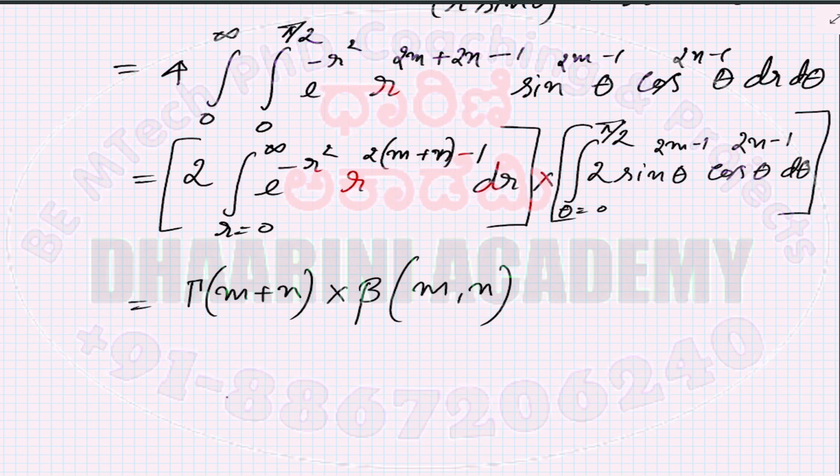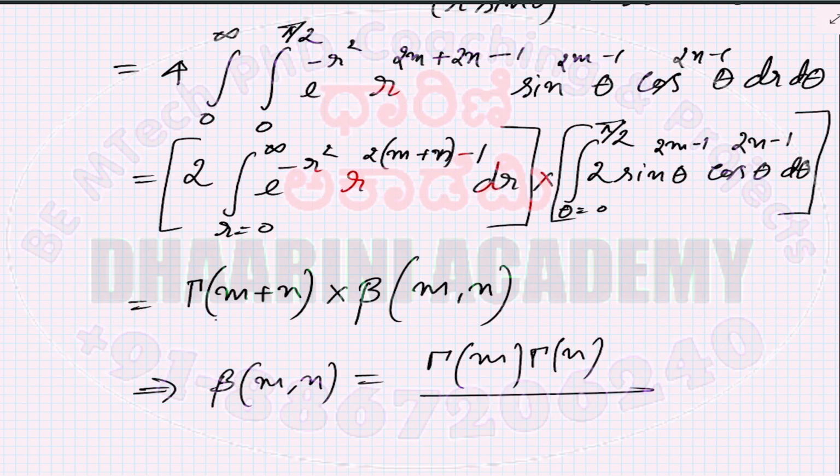Okay, so what I can write now, I'll take the gamma of m plus n to the other side. That means beta of m comma n is equal to, on the other side I already have gamma m into gamma n, and gamma of m plus n will go to the denominator.